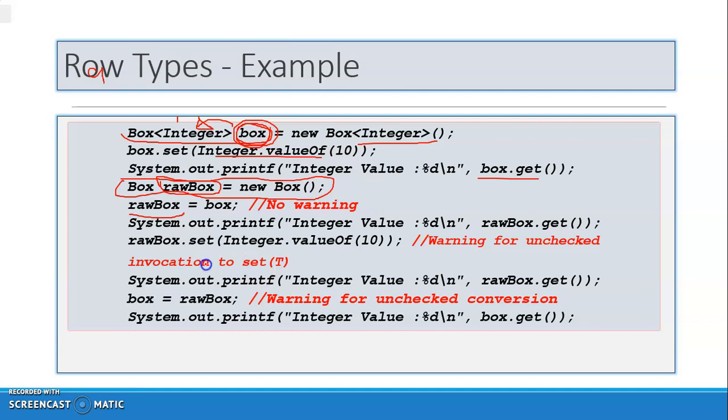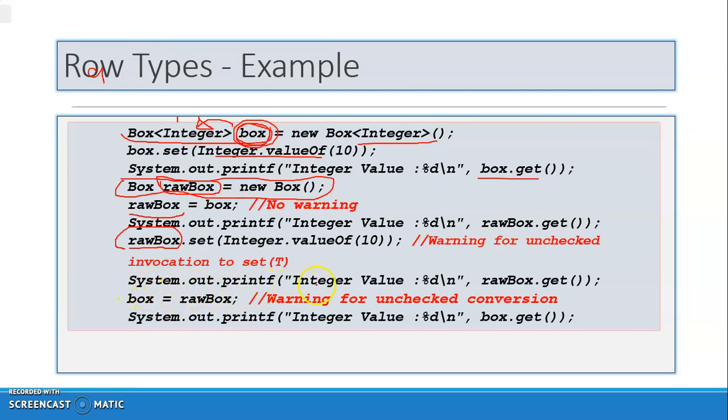We are invoking a set method here, and it's complaining. It will run with some warnings, because you are sending an integer, but the one you are using is a raw type. We can consider this to be the Object class. So it will give you some warnings.